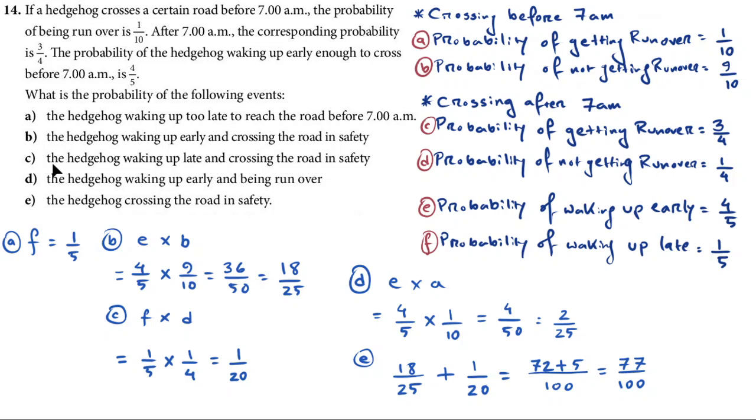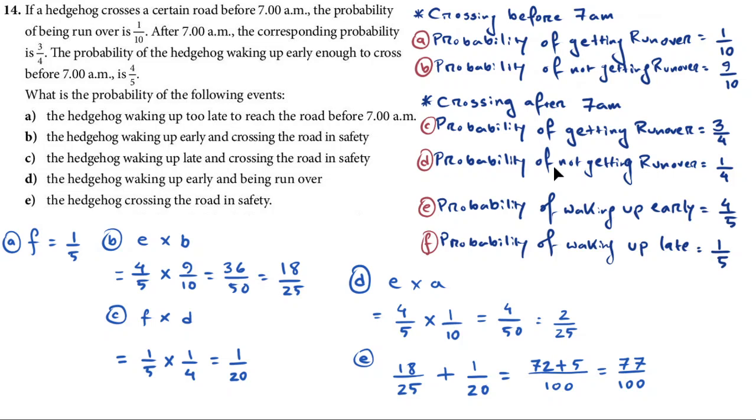Now for part C, it says what is the probability of the hedgehog waking up late and crossing the road in safety. So this is probability of waking up late. That's F. And since the hedgehog is waking up late, that means he will be crossing after 7 a.m. So probability of not getting run over, because it's asking to find the probability of crossing the road in safety.